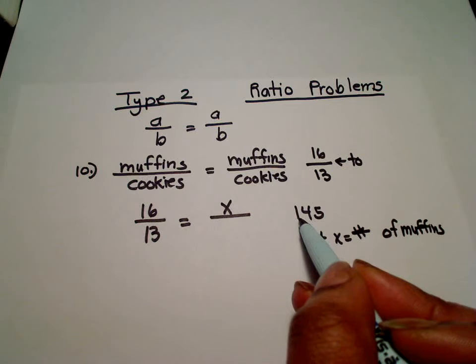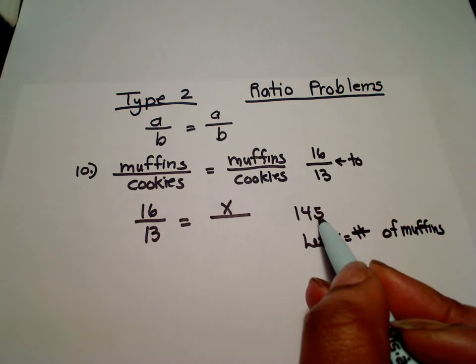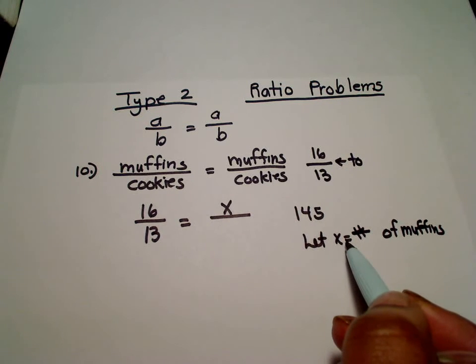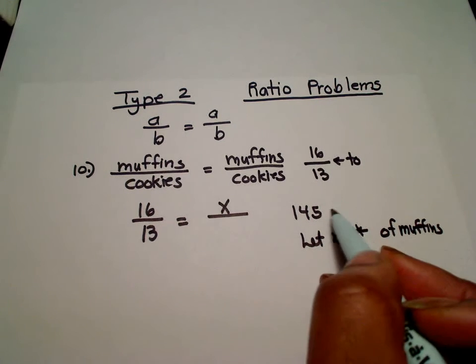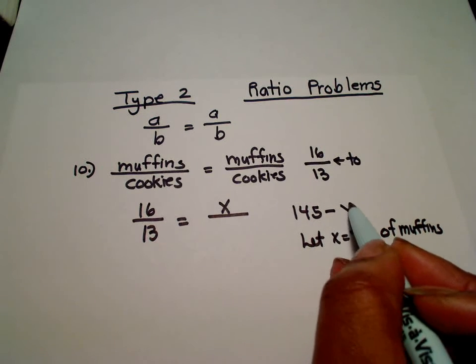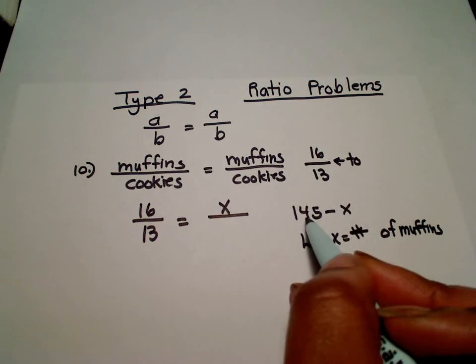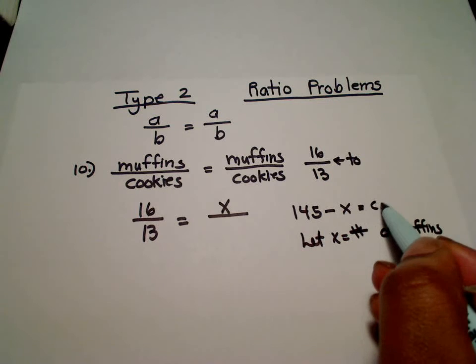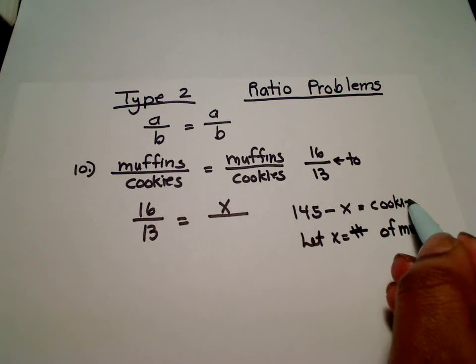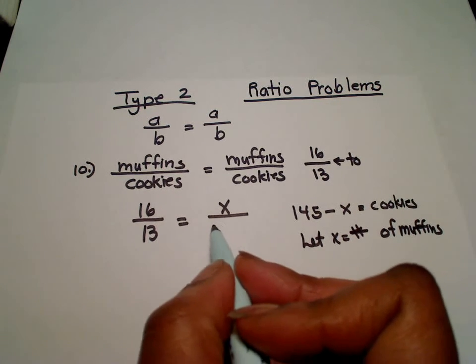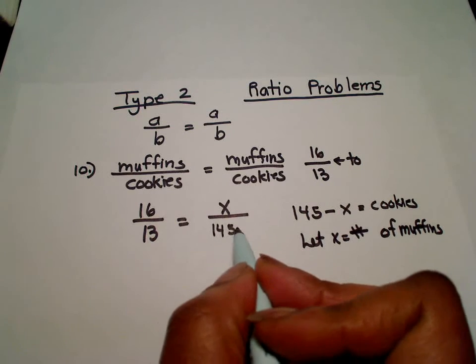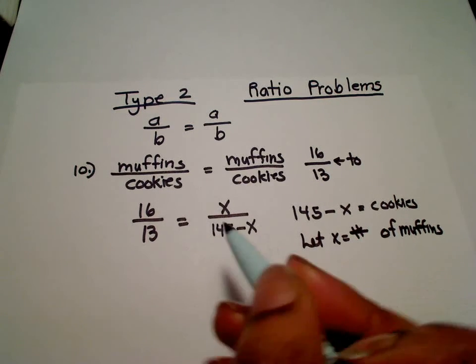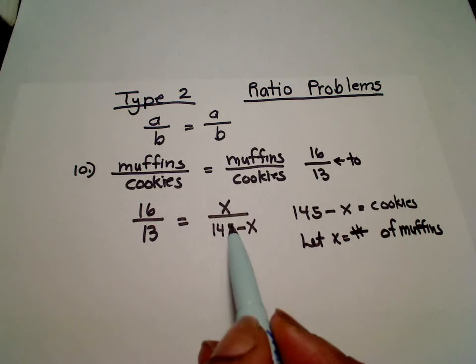Well, if I had a total of 145 items altogether, and X of those were muffins, then if I subtract the number of muffins from the total number of muffins and cookies, I would end up with cookies. So this denominator would have to be 145 minus X. Now you have your ratio set up.